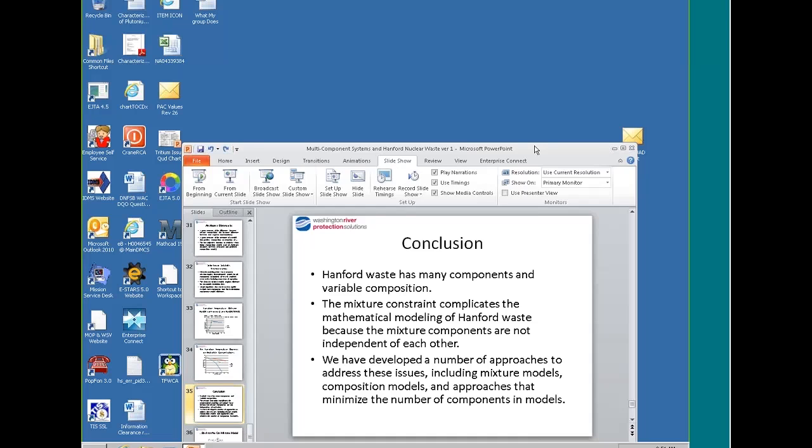In terms of the complexity, and how does that play into optimizing the mission? One of the things we do is look at what waste types do we not want to blend together? What waste types would we rather treat by itself?